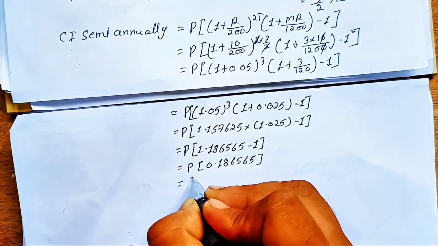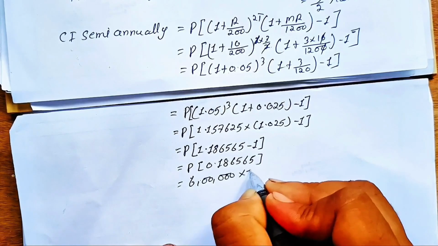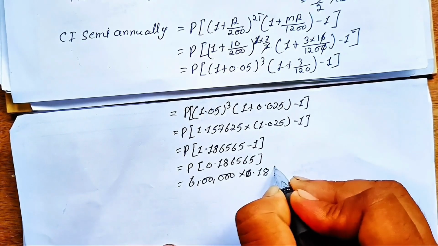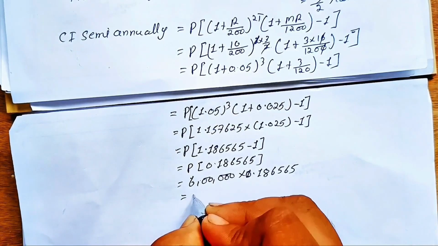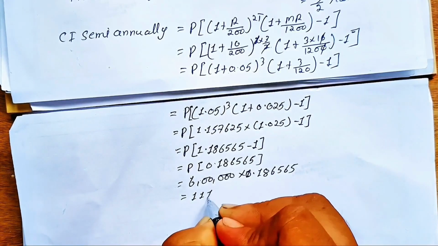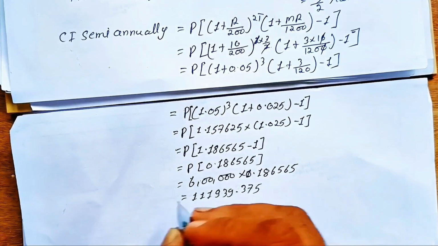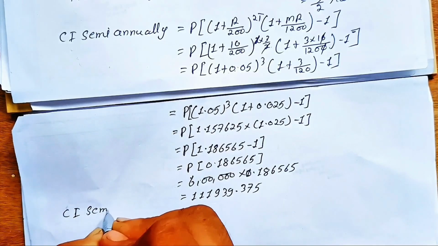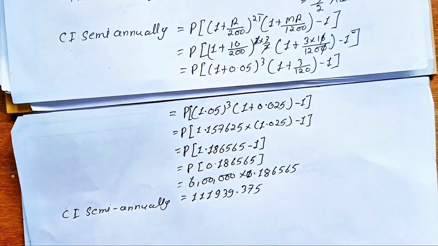Now the principal is 6 lakh into 0.186565, and it becomes 1,11,939.375. This is the CI semi-annually.